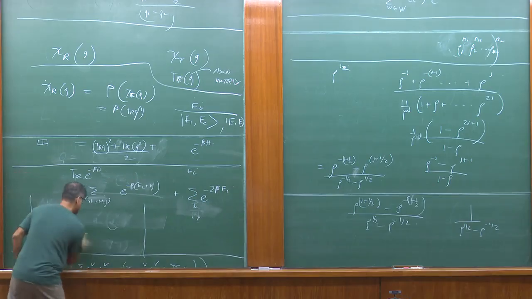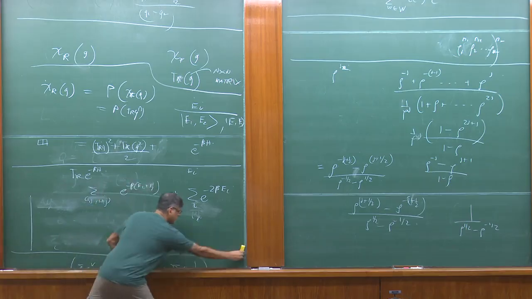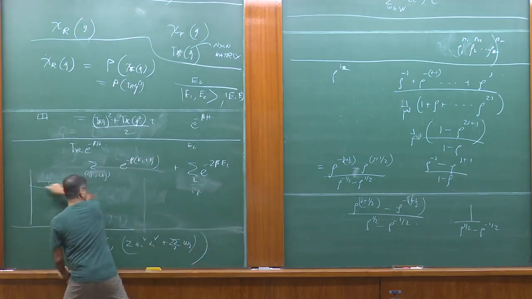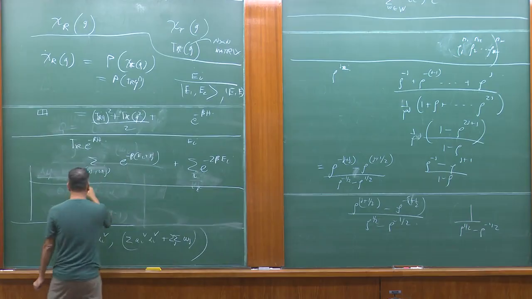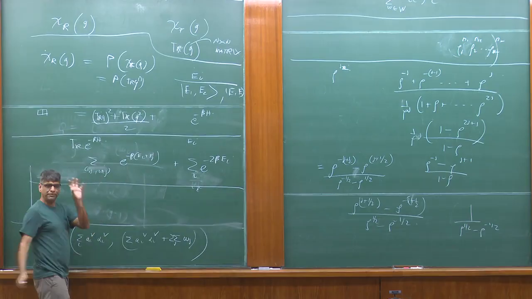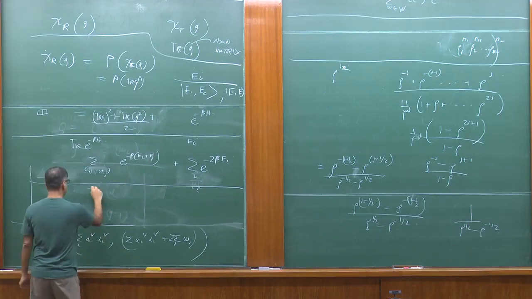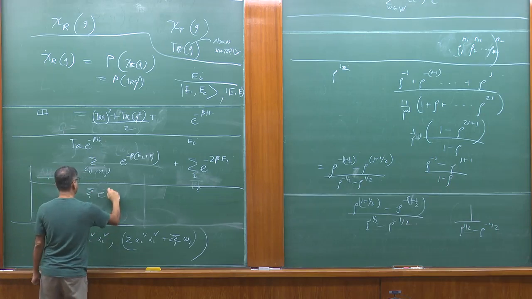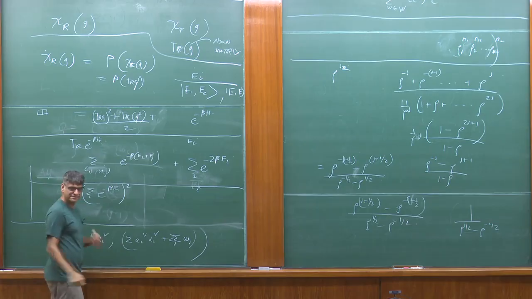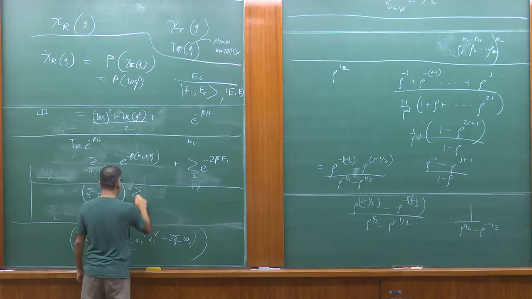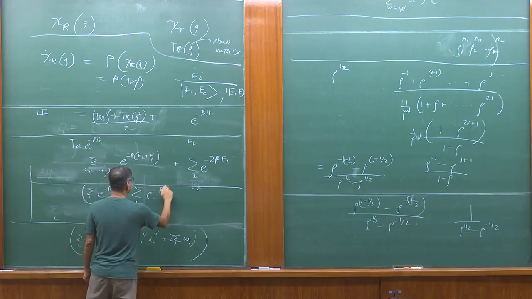Now let's check what happens when we just compute the trace squared, that is the sum over i of e to the power minus beta Ei, the whole thing squared. So that's this, times the sum over j of e to the power minus beta Ej.